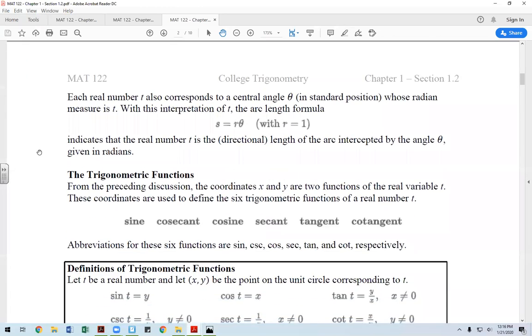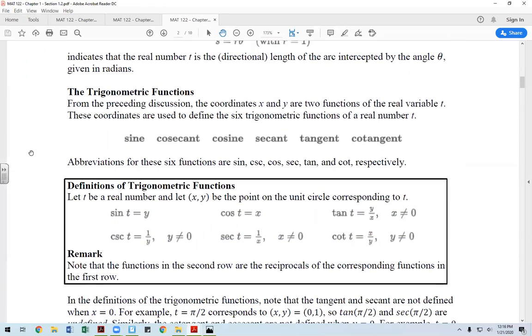So the idea here is when we are actually talking about our ordered pairs corresponding to that real number t from our real number line, then those ordered pairs x and y can actually be used to define our 6 main trigonometric functions.